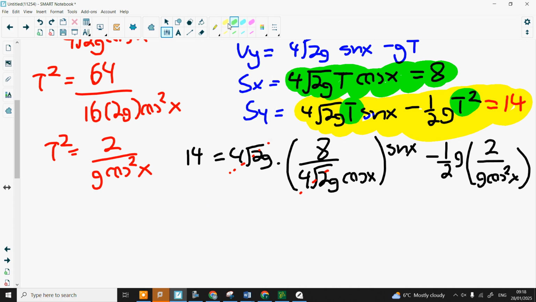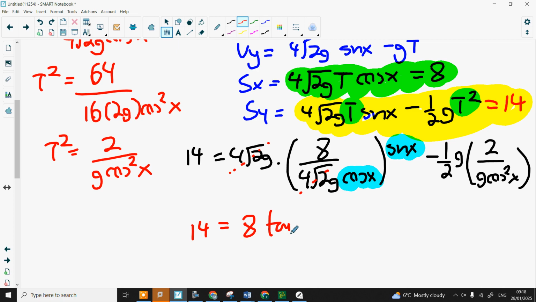Oh, and I have to highlight something else first. Here's our targeting. What do you think I should change that to? I asked you to take it down in the start class before we entered here. Tan, yeah. So what can we turn this whole system into? 8 tan x. You cool with that? Now, what happens to this g and this g? This 2 and this 2. What's left over? 1 over cos squared x.